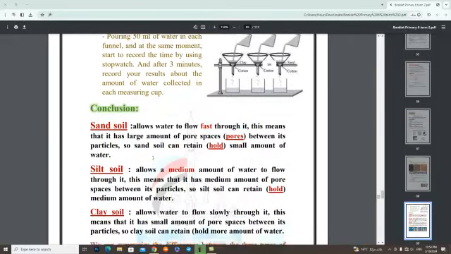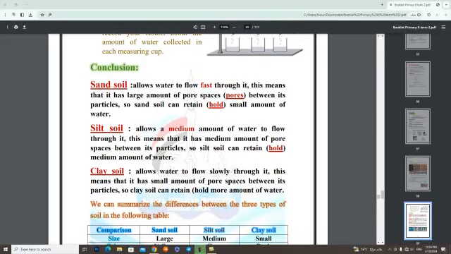Conclusion: sand soil allows water to flow fast through it. This means that it has a large amount of pore spaces between its particles. So sand can retain a small amount of water. Silt soil allows a medium amount of water to flow through it.